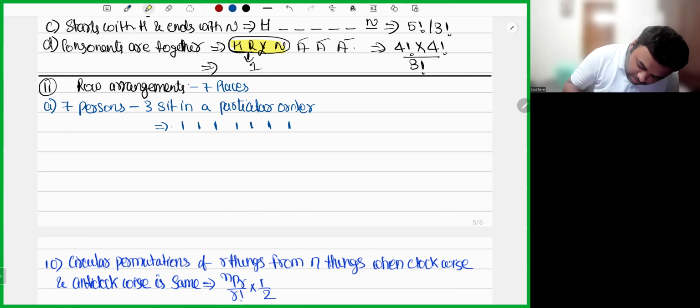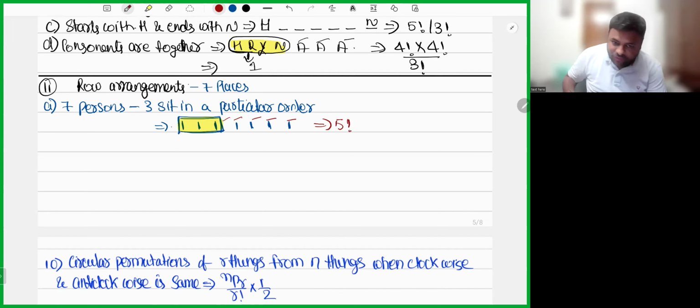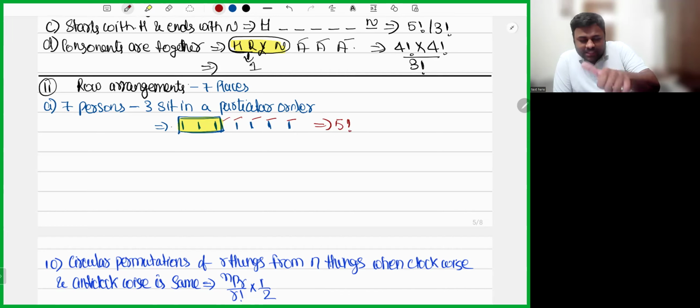He is telling 3 people sit in a particular order. Join them together tightly. Now, how many units are there? 1, 2, 3, 4, 5. How will you arrange 5 units in 5 places? 5 factorial. Sir, can I interchange these 3 people among themselves? No, you can't interchange, because he's telling 3 people sit in a particular order.